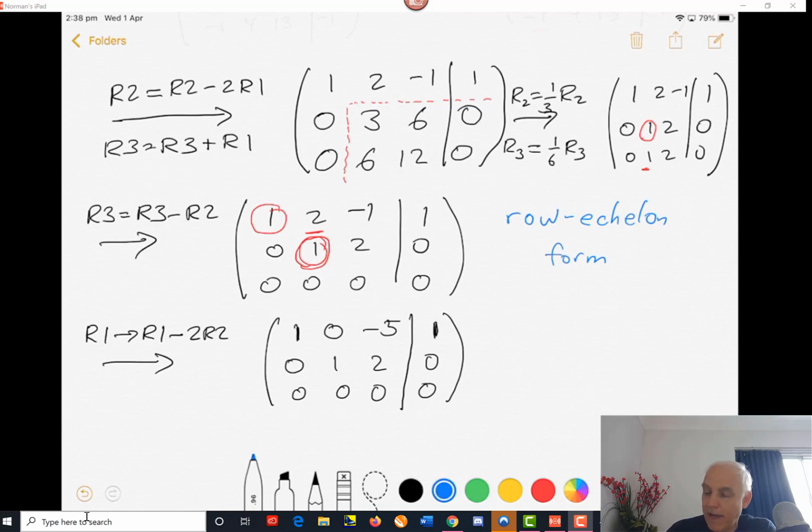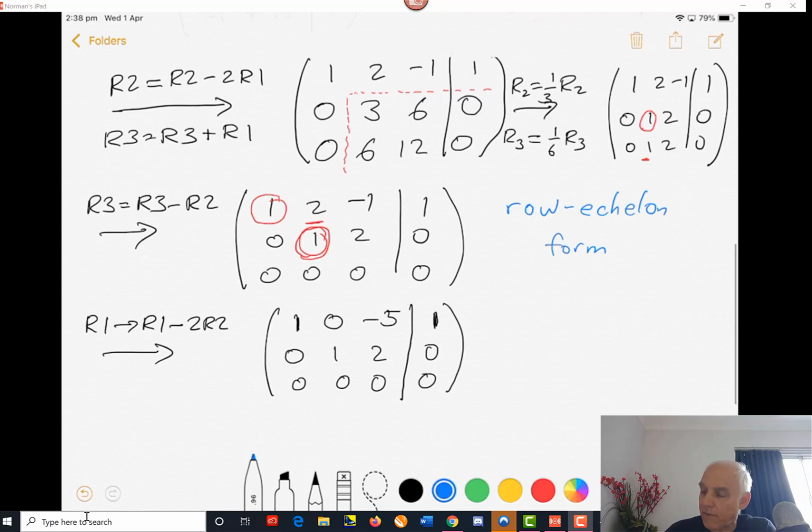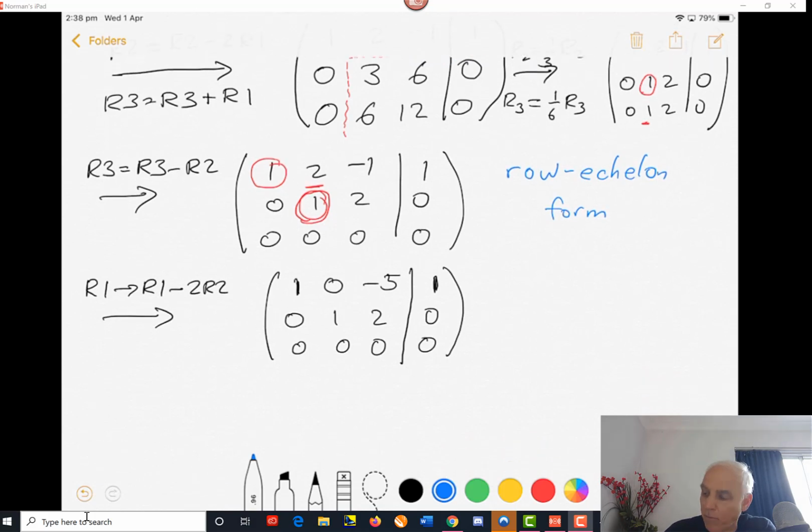Now we have graduated to almost a final form, really. So we've got the 2 leading entries, and everything else in the columns of those leading entries, which means things both below and above the entries, is completely free of anything other than zeros.